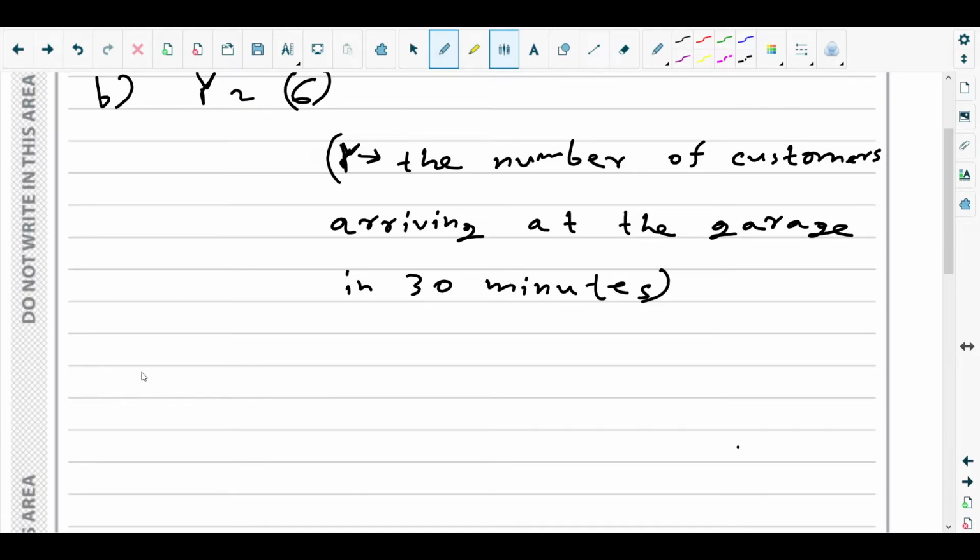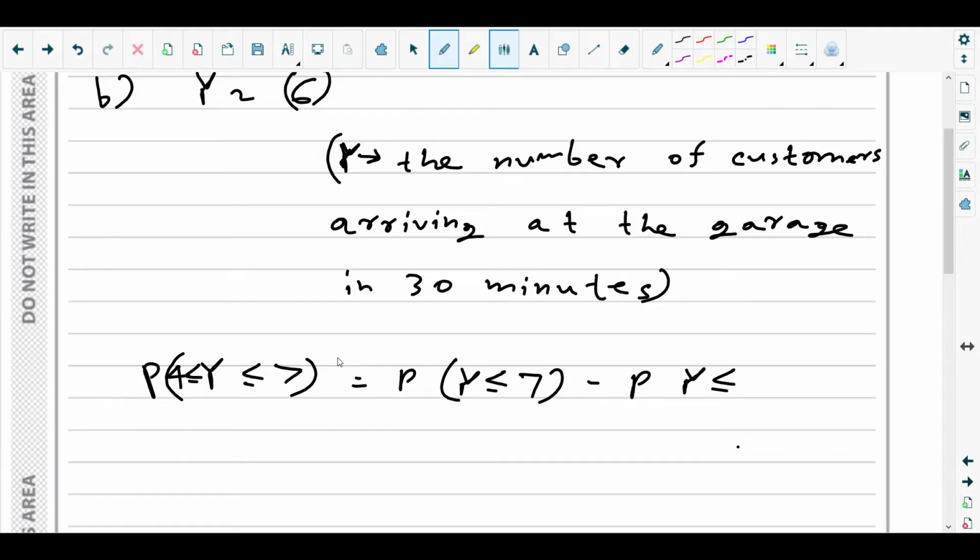That means we need the probability of Y greater than or equal to 4 and less than or equal to 7, inclusive. So it would be the probability of Y less than or equal to 7 minus the probability of Y less than or equal to, since 4 is included, one less than that.